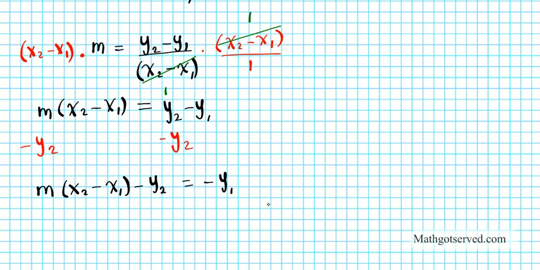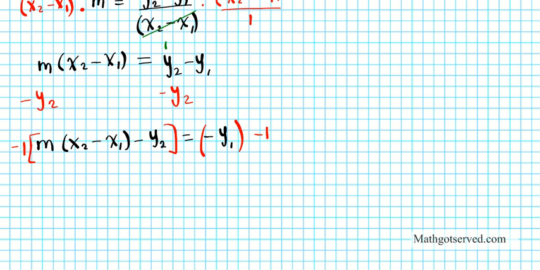So finally, to get rid of this minus right here, I can multiply both sides by negative 1. I'll multiply negative y1 by negative 1, and I'll multiply this whole expression right here by negative 1. Okay? Because I know minus times minus is positive, and that'll get rid of the minus on the right side.